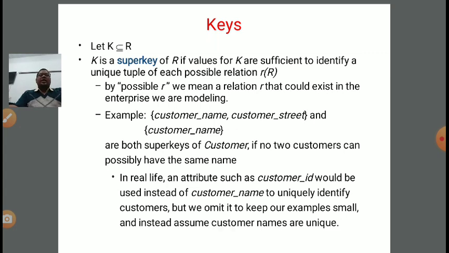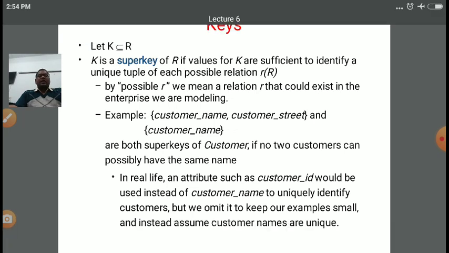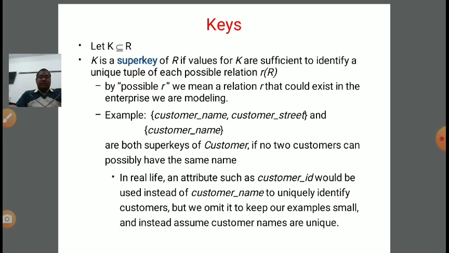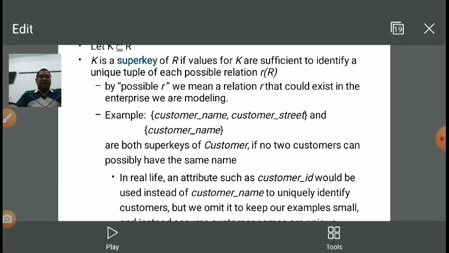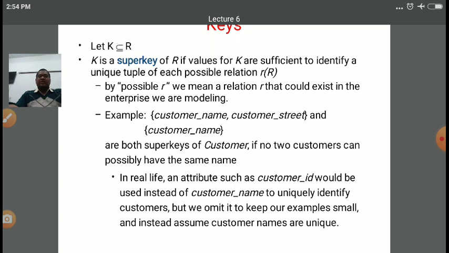Let K be a subset of the relation R. I am giving the key the notation K, and the relation the notation R. K is a super key of R if values for K are sufficient to identify a unique tuple of each possible relation R. By possible R, we mean a relation R that could exist in the enterprise we are modeling.